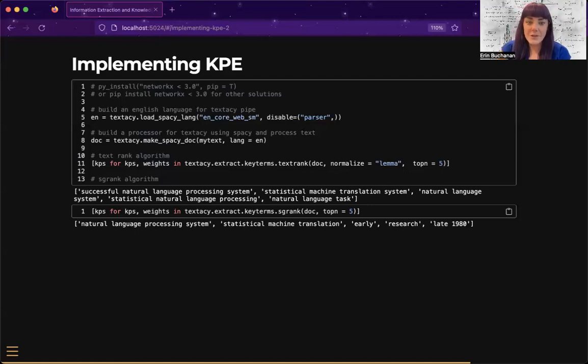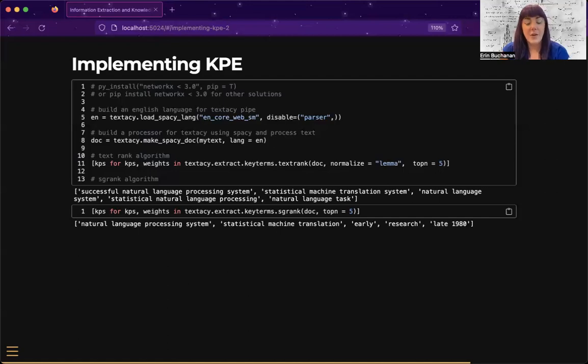So I think it did a pretty good job. I could use this to not read the article. I wouldn't know a whole lot else about it, except that the history of NLP involves NLP, machine learning, and making language systems.